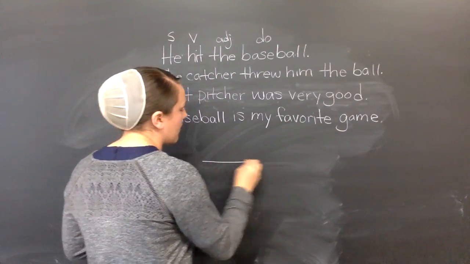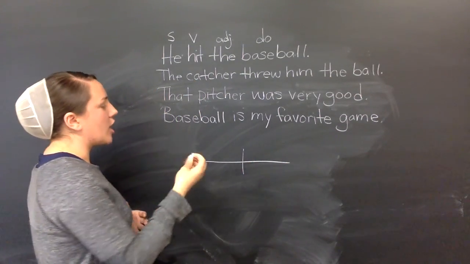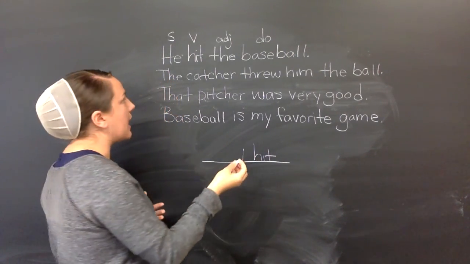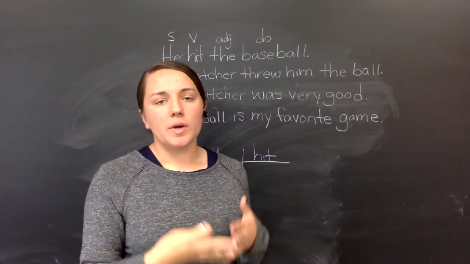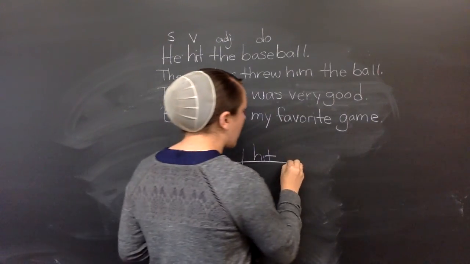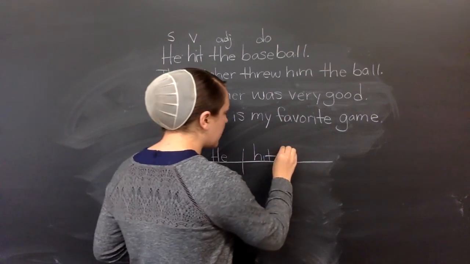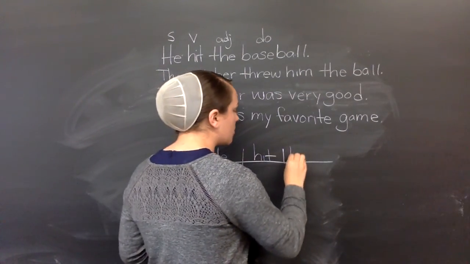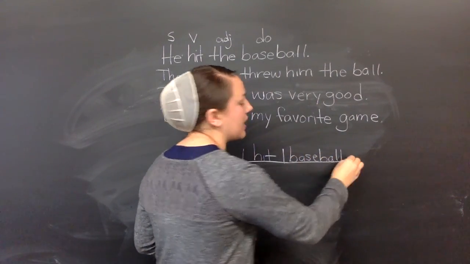So let's go ahead and diagram our subject and verb like normal. We have our middle line, our verb to the right, and our subject to the left. Now, for direct objects, you diagram them on the same line with the action verb, and you just put a straight line after the action verb, and then put your direct object right after that straight line.